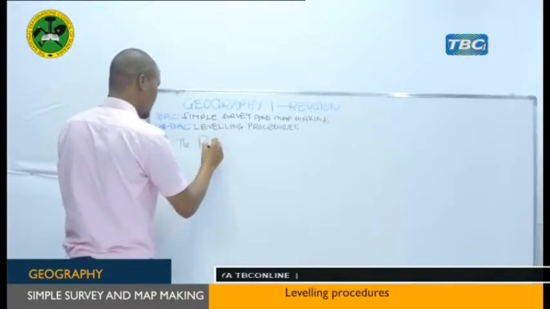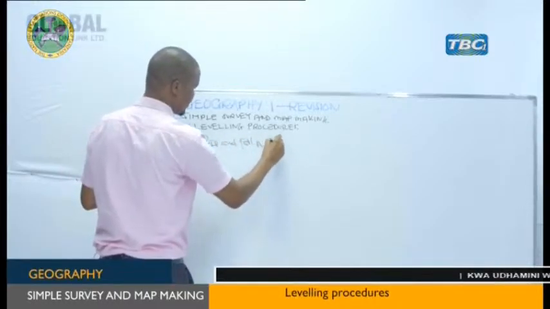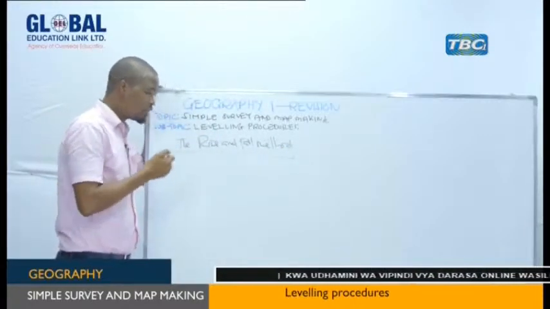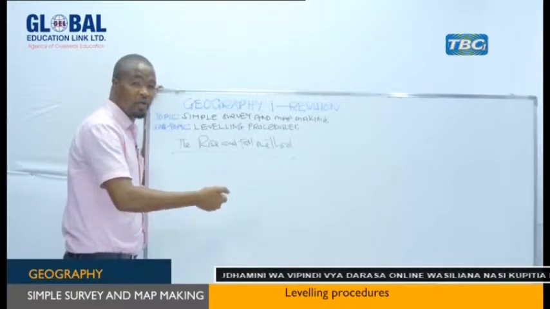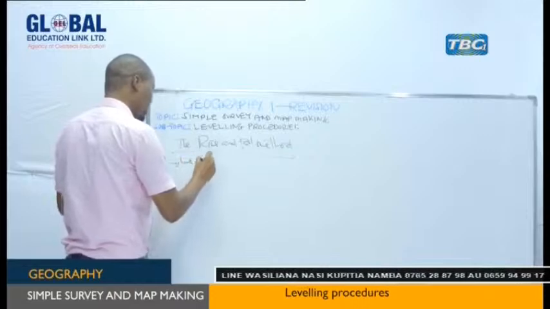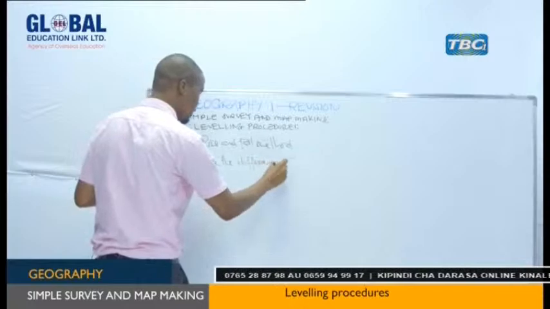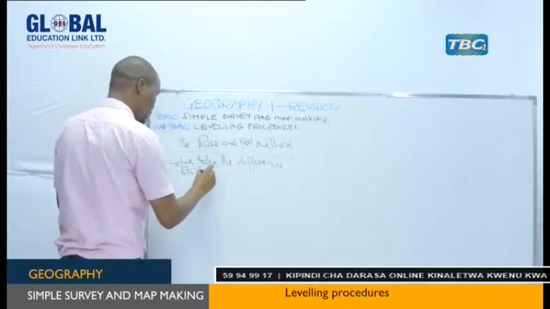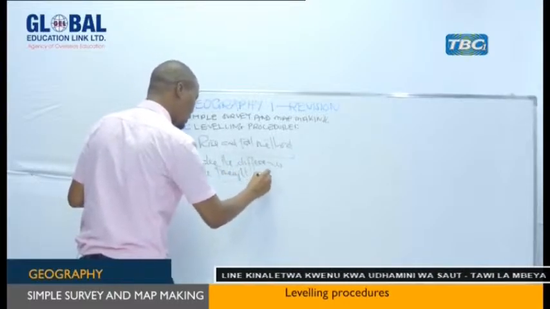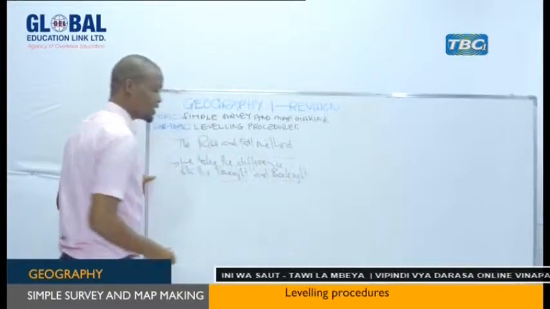In the rise and fall method, in order to determine the elevations between two points, we take the difference between the foresight and the backsight.